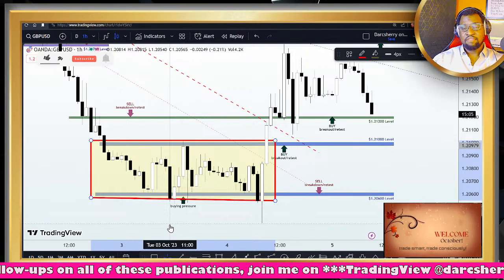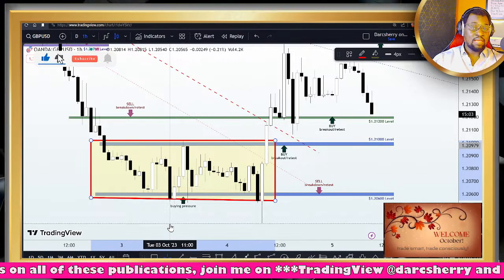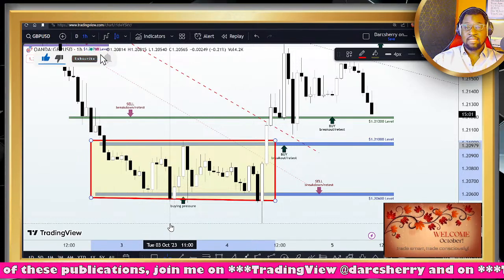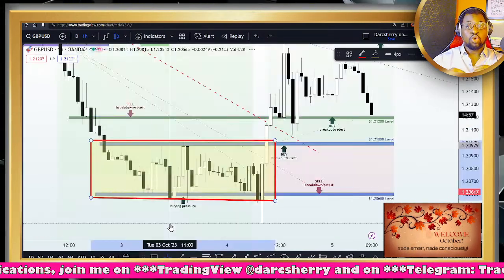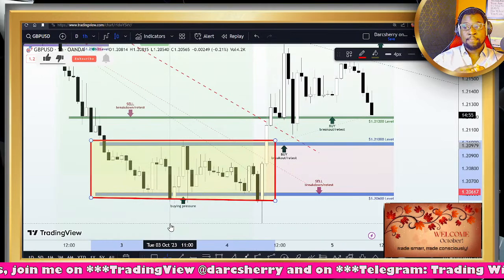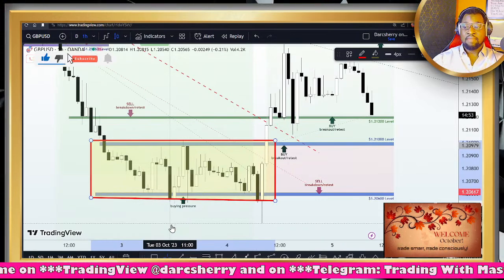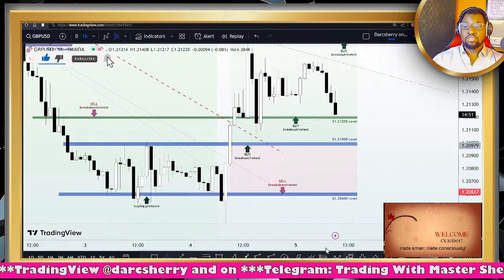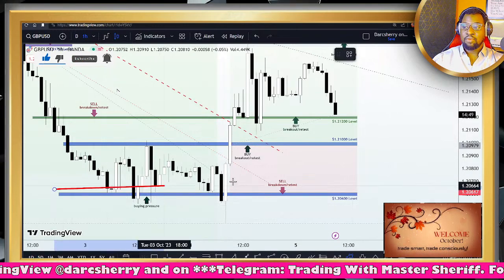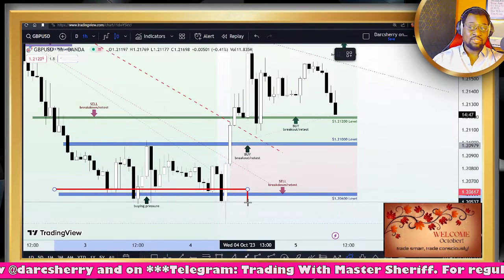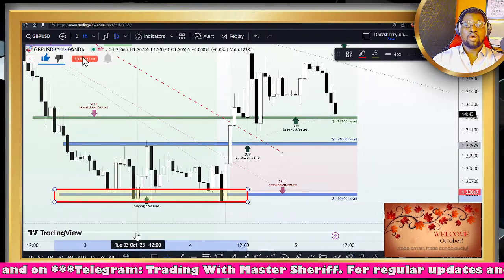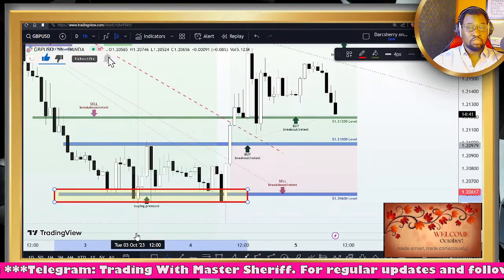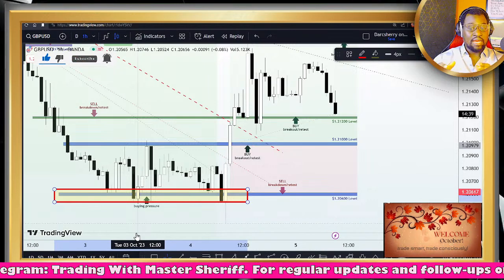And if you remember vividly, we were looking forward to the ADP Employment Change and the ISM Services PMI to have clues into what our next line of action would be. And one of the things I made mention of here yesterday is the continued buy pressure around the 1.20600 area, which gives us an insight into how it has become difficult for the sellers to break through that area.